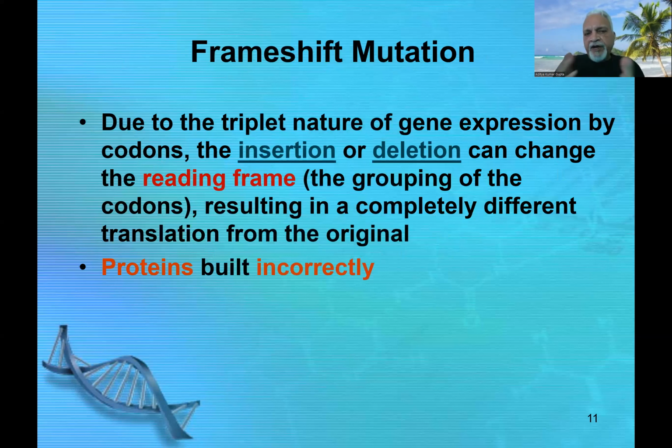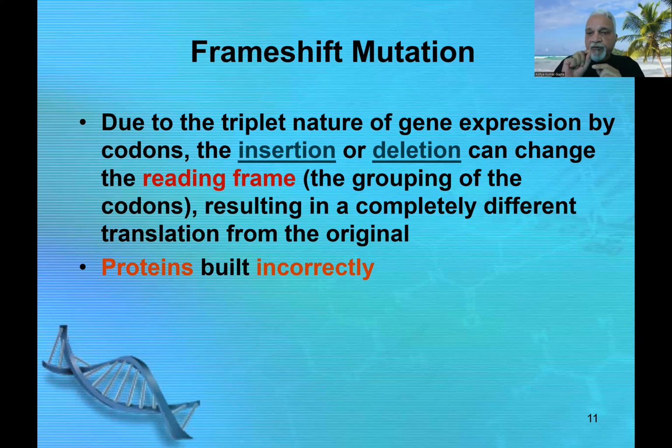And then you have the frame shift mutation. I told you about addition or deletion of a single base pair. What happens is that the addition or deletion affects the genetic information. As I mentioned, this information resides on the DNA molecule in the genetic code or triplet code.